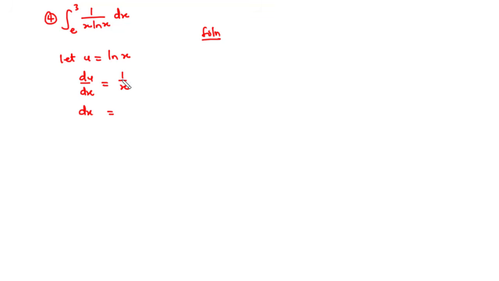so we have dx times 1. When we cross multiply, we have dx times 1, which is still dx, and then x times du, which is x du. So we plug in u and then dx into this integral. So we have the integral of 1 over x times ln of x dx from e to 3.